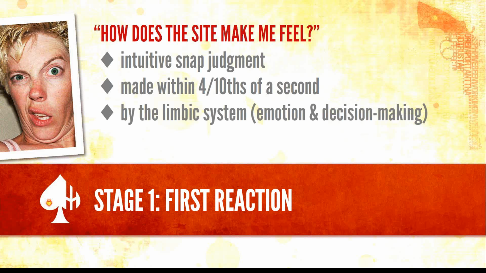The limbic system is often referred to as the lizard brain in marketing. It is the part of the brain where emotion and decision making largely take place. And it is a very, some would say, primitive part of the brain. It is a very simple part of the brain, would be a better way of putting it. It acts as a kind of bodyguard to our logical thinking centers.